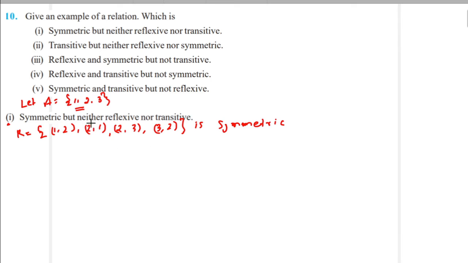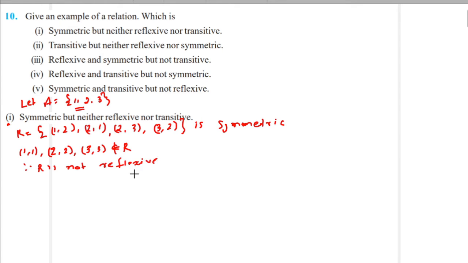Then we have to check reflexive and transitive. So here, (1, 1), (2, 2) and (3, 3), these 3 elements do not belong to R. Therefore R is not reflexive.